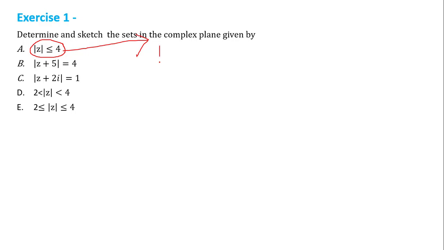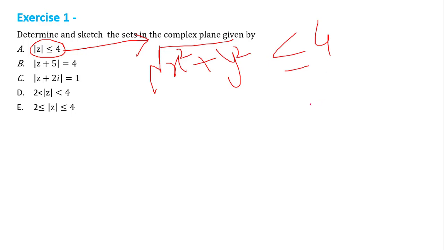So let's try. Mod of z means square root of x square plus y square less than or equal to 4. If this is the case, first take the equality sign only. Whenever you come across such a question, with less than or equal to, less than, or greater than, remove the inequality sign, convert it into equality, and draw that.